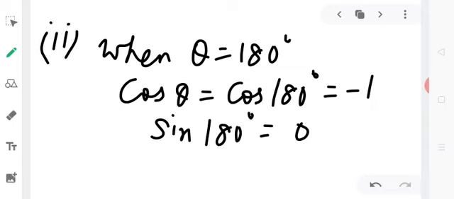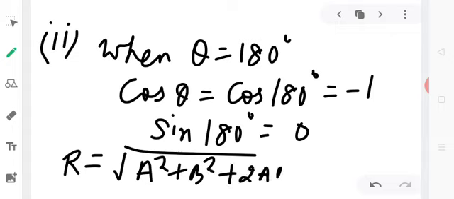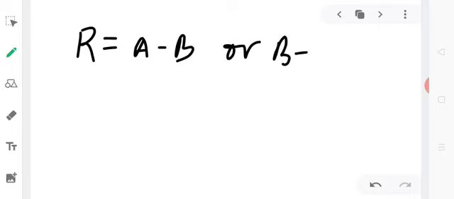So now we shall get R to be equal to root over A square plus B square plus 2AB cos theta, where cos theta is minus 1. So that will give you R equal to A minus B or B minus A.